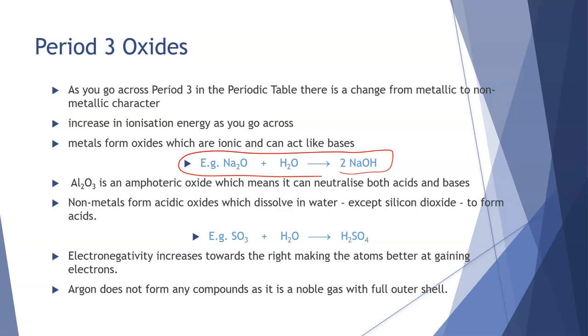On the other hand, our non-metal oxides, such as sulfur trioxide, carbon dioxide, nitrogen dioxide, when they react with water, they form acids, and these are critical in our environmental chemistry because it's these gases which are produced from the burning of fossil fuels, such as sulfur dioxide, sulfur trioxide, and nitrogen dioxide.